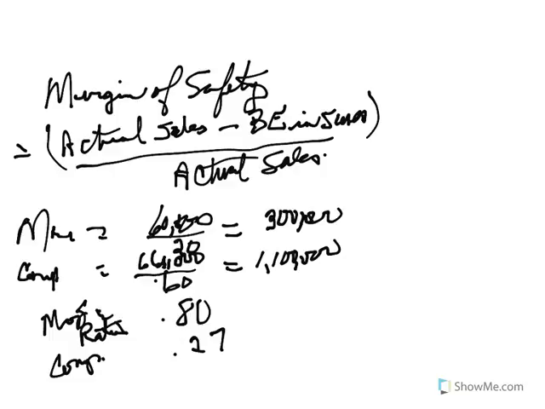So the margin of safety ratio is quite a bit lower for the computerized because they're taking advantage of leverage. The manual system could weather a greater decline in sales before reaching the break-even point. Under the manual system, sales can drop 80% before suffering a loss, while sales under the computer system can only decline by 27% before suffering a loss. So there you have the advantages and disadvantages of leverage. It works both ways.